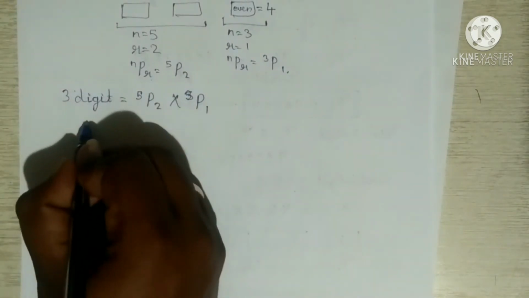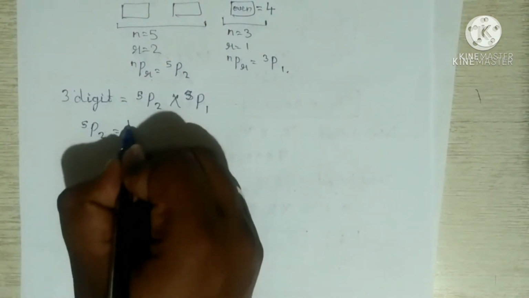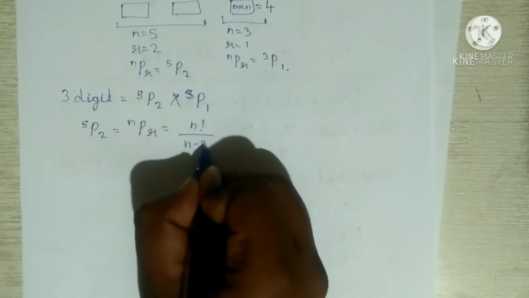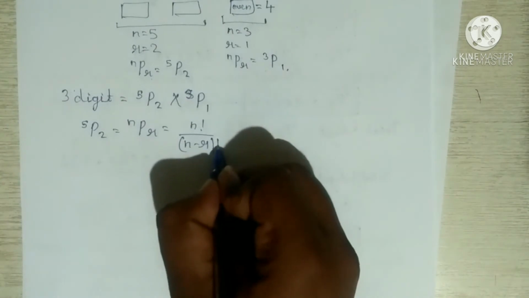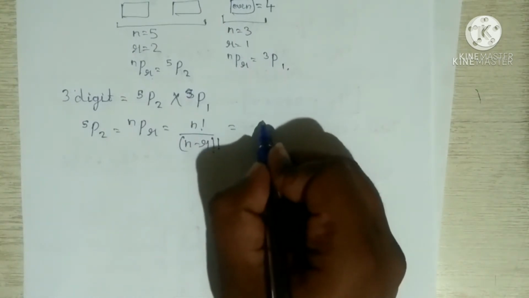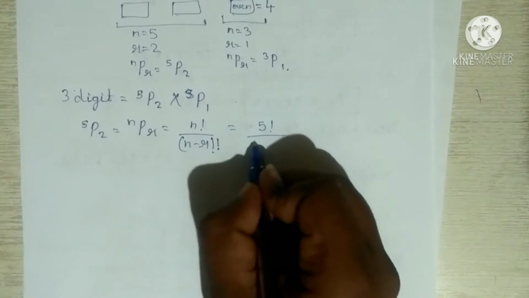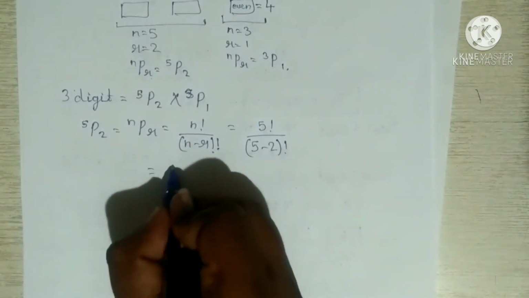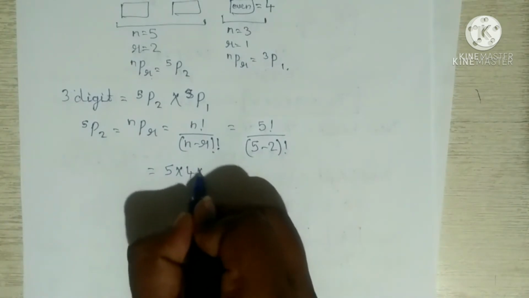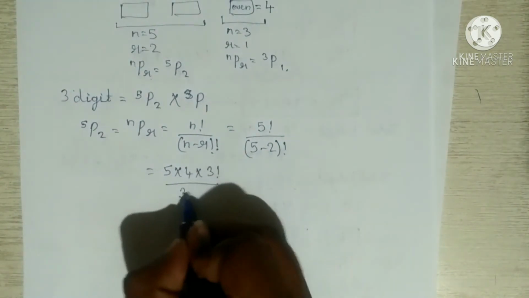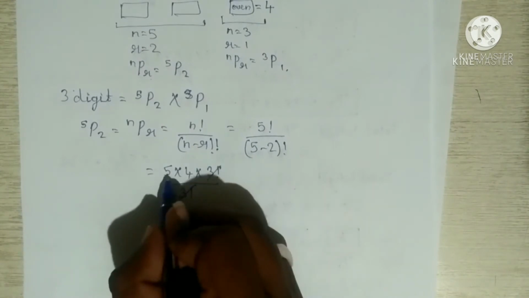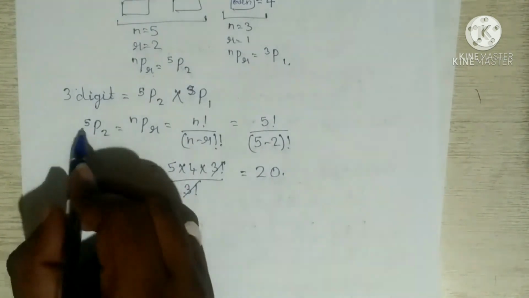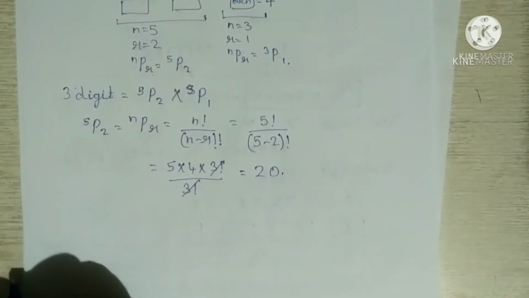First you find 5P2. nPr is equal to n factorial by n minus r factorial, which is 5 factorial by 5 minus 2 factorial. 5 factorial can be written as 5 into 4 into 3 factorial, and 5 minus 2 is 3 factorial. 3 factorial cancels. 5 into 4 is equal to 20. So 5P2 is equal to 20.